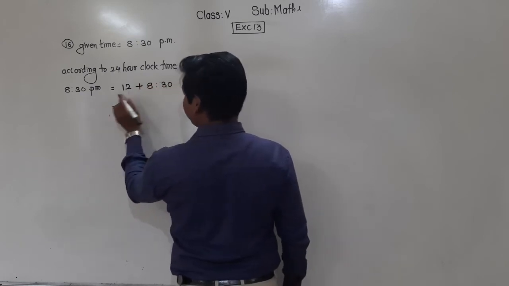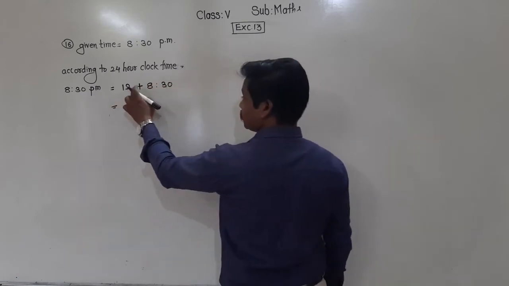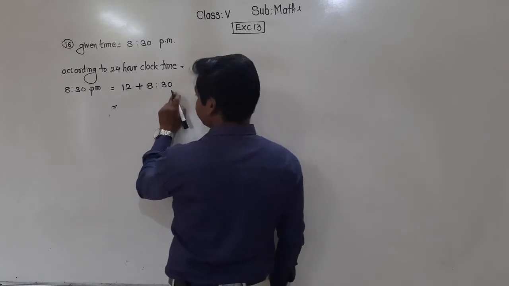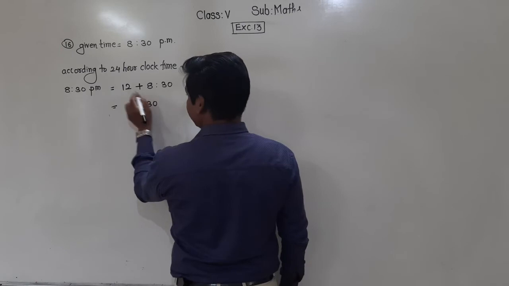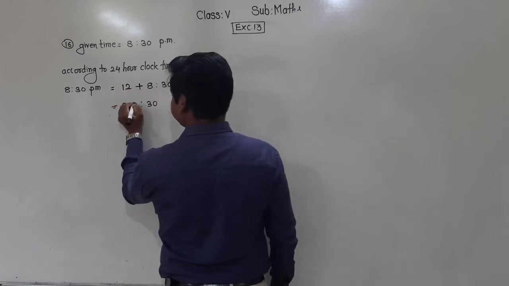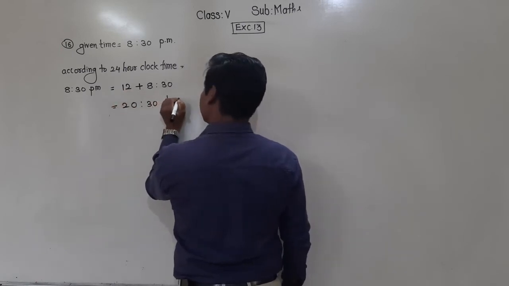That is 12 hours 00 minutes plus 8 hours 30 minutes. The minutes are 30, and 12 plus 8 is 20.